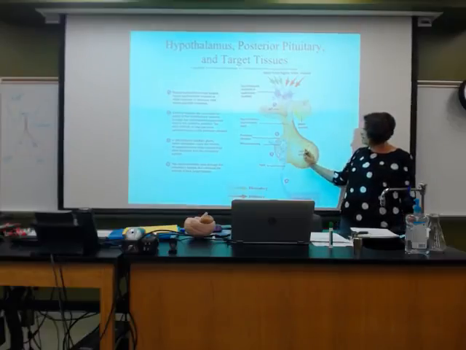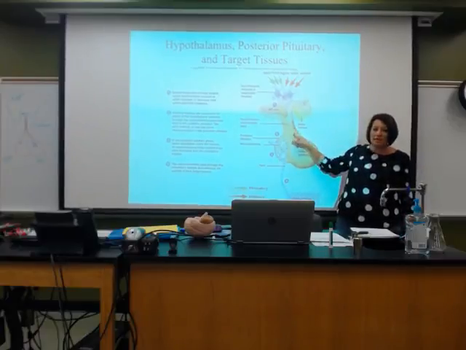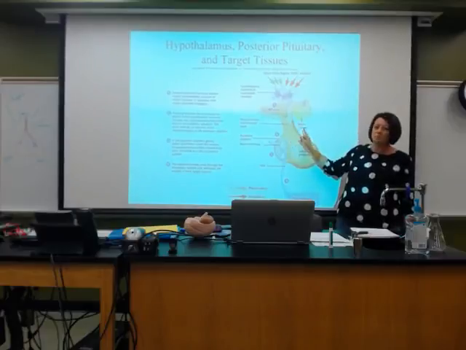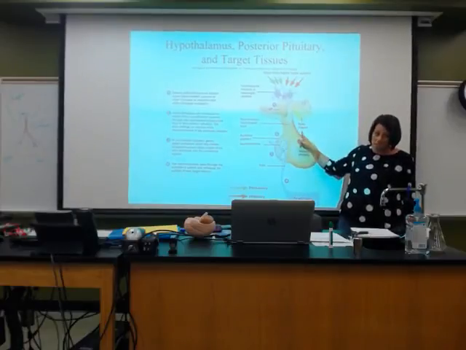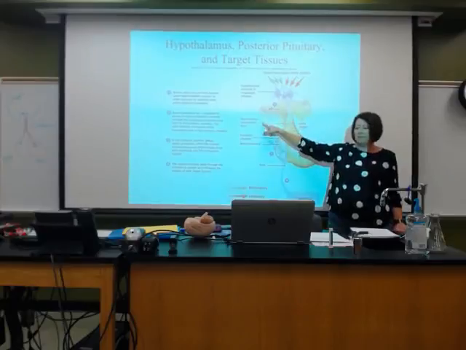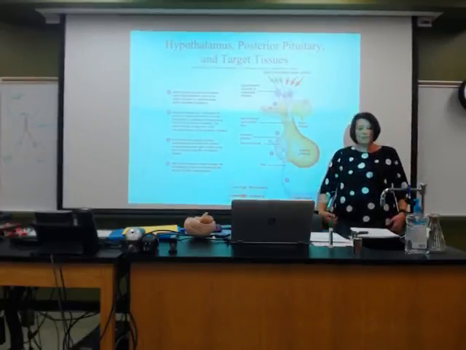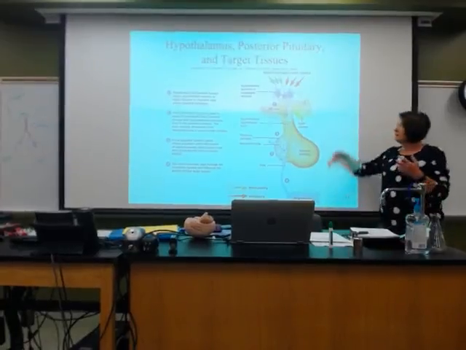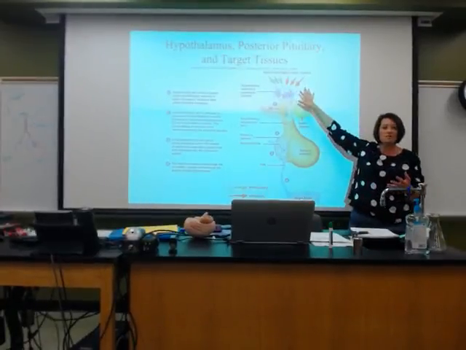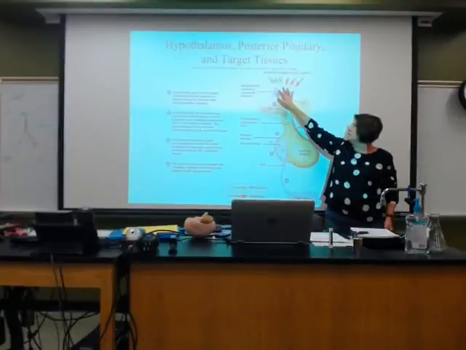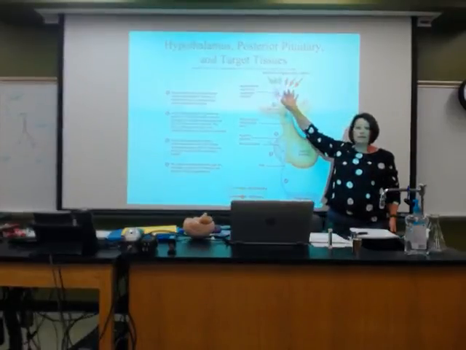So the anterior has the hypothalamo-hypophyseal portal system. The posterior, the hypothalamo-hypophyseal tract. Now, up here, once again, they're trying to show us the green and the red.